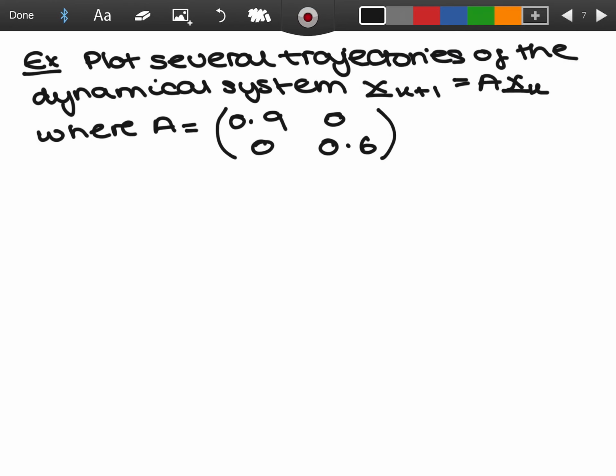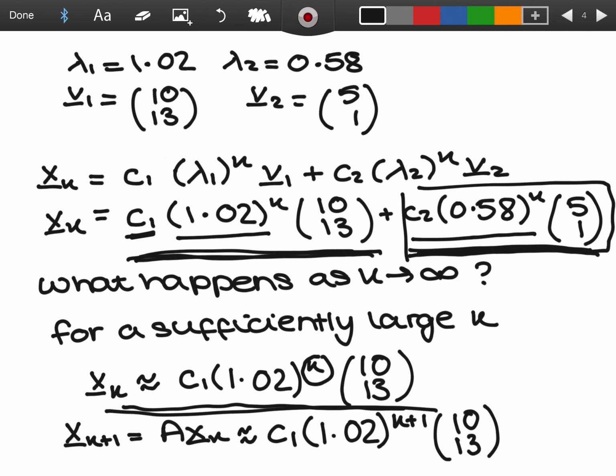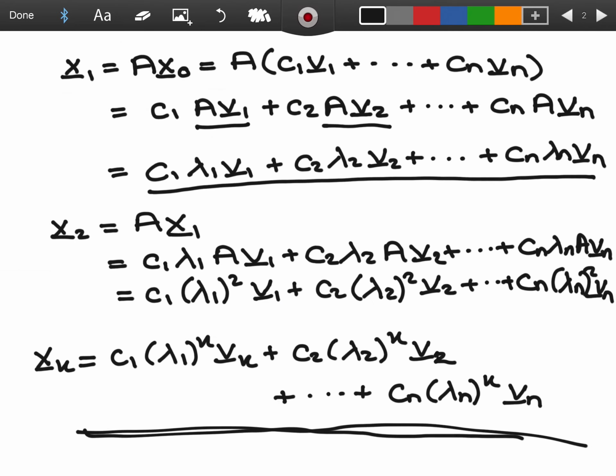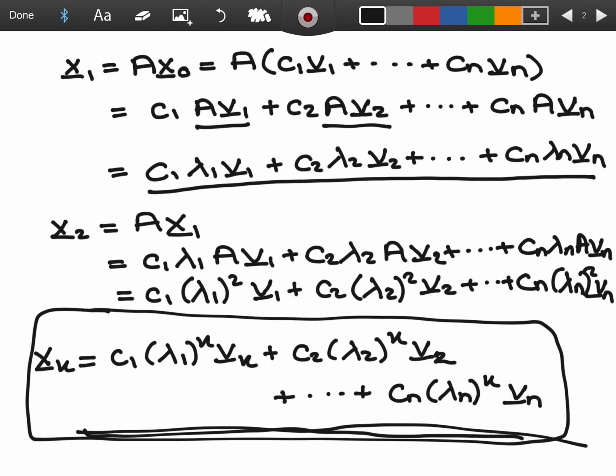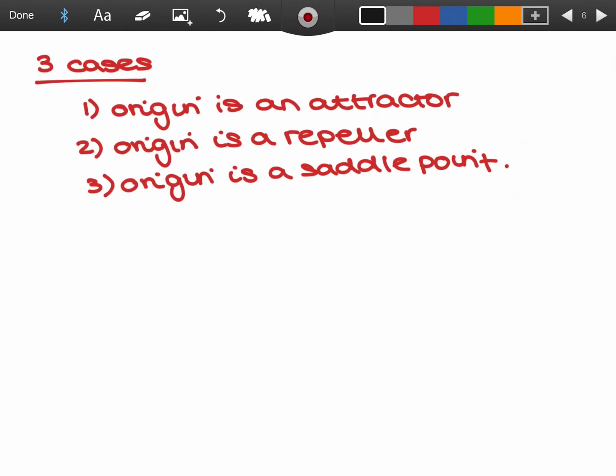Now, this matrix A, first thing you always do, we already know, going back to what we did before. You're always going to write this solution in terms of its eigenvectors and eigenvalues. So what we want to do is find the eigenvectors and eigenvalues of A, and then we can write xk like this. Okay. So let's go ahead and do that.